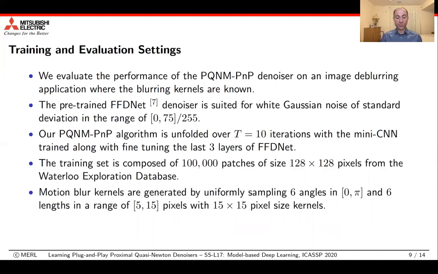The training data set was 100,000 patches from the Waterloo exploration data set, and we also applied motion blur. Basically, we targeted a deblurring application in our setup. We applied the motion blur, which was generated by sampling 6 angles between 0 and pi, and then each blur kernel has a different length between 5 and 15 pixels.